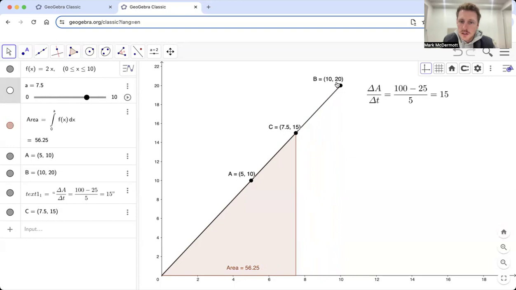Hopefully taking an average rate of change here helped, because at this middle point, the rate at which the area is filling up is 15. And similarly here, the rate of change after 5 seconds is 10, and after 10 seconds, the rate of change of area is 20. So that's building the intuition for why the gradient of the area function is equal to the value of the function at that point.